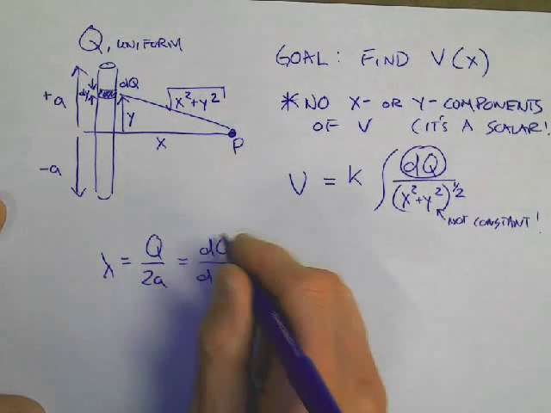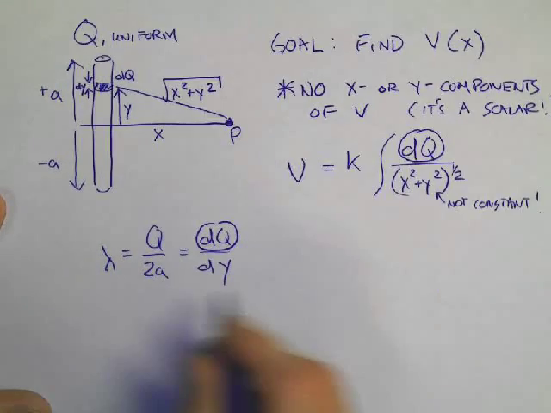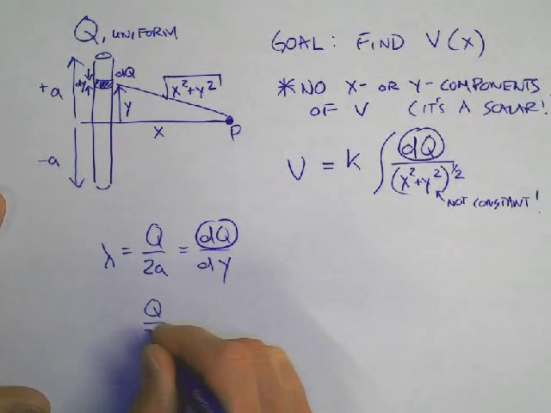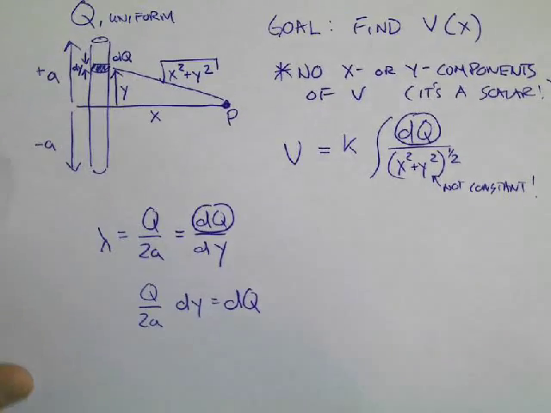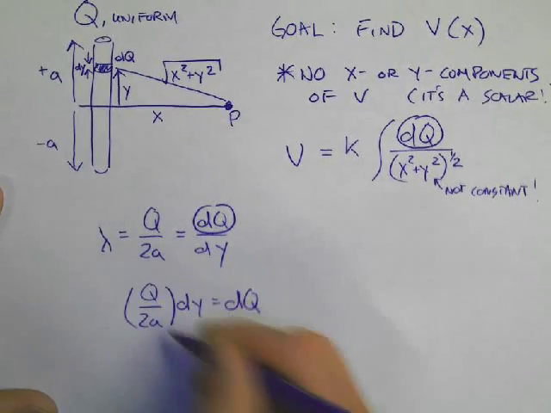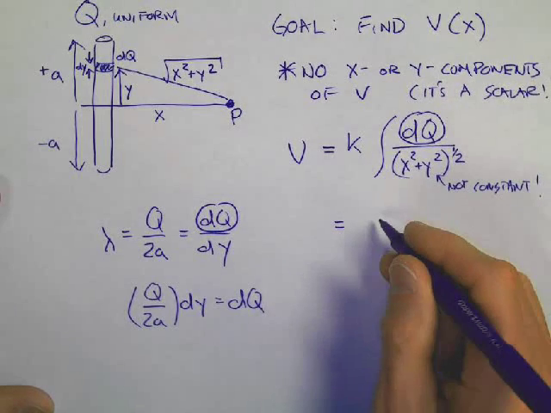Now this is the trick that allows us to substitute and get rid of dq in the integral, because this becomes that, and I can go ahead and pull that in.